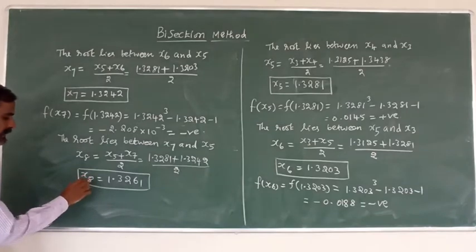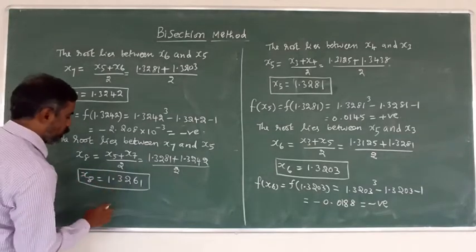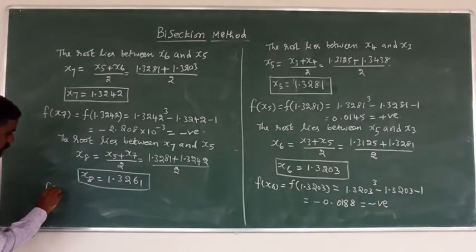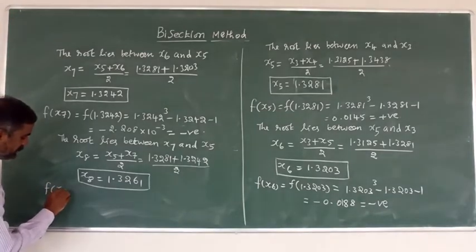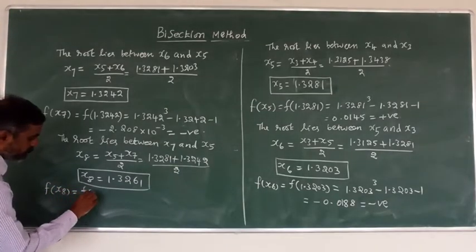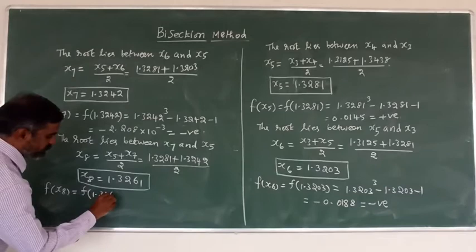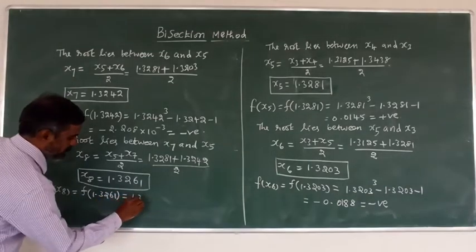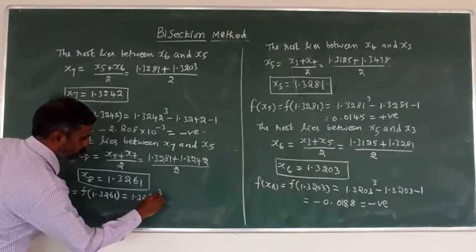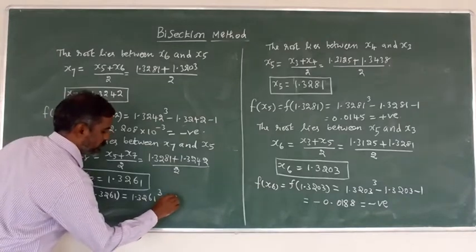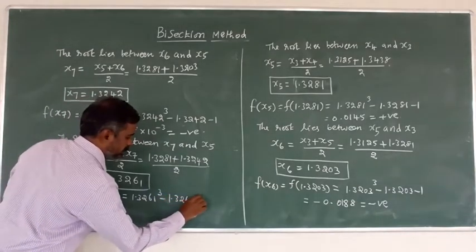Now to check whether the x8 value is positive or negative, f of x8 equal to f of 1.3261: 1.3261 cube minus x value 1.3261 minus 1.